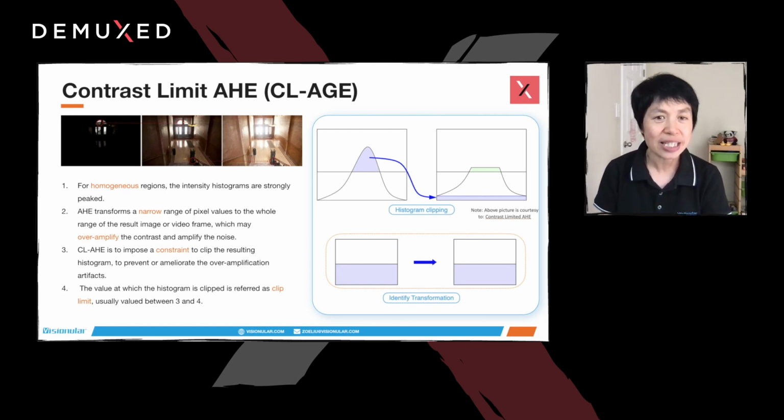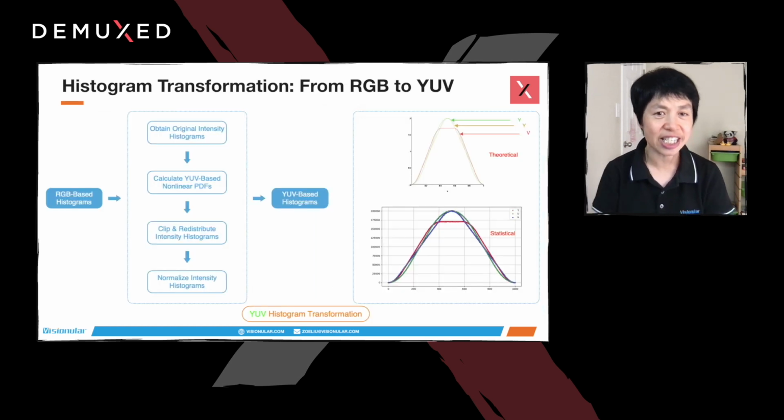With the contrast limit featured by one clip limit parameter, a better overall quality of Pseudo HDR can be achieved, with the potential artifacts largely ameliorated. So based on such an idea, this is the procedure we propose.